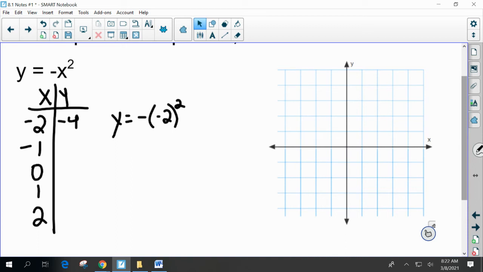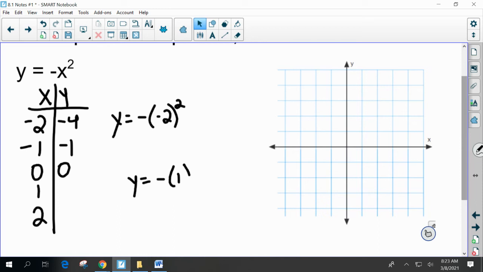Okay, then plug in -1. So negative parentheses, -1 parentheses squared. And you get -1. And then if you plug in 0, it is 0. Okay, now try it with +1.